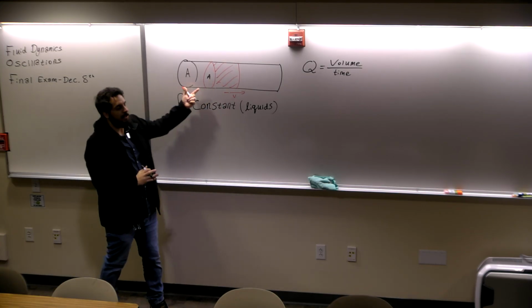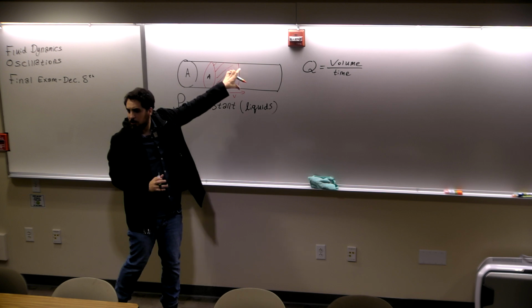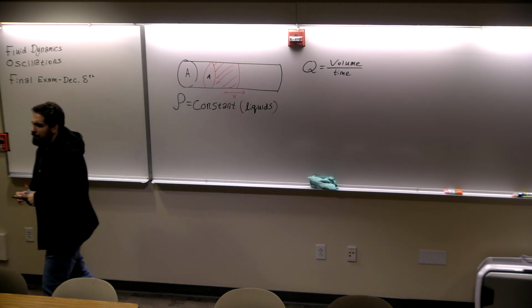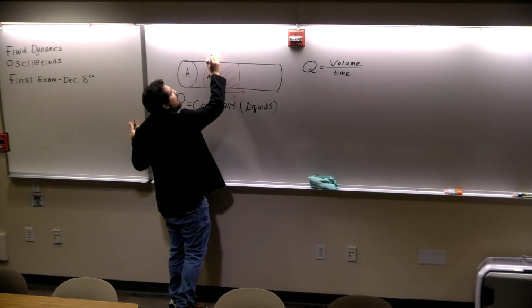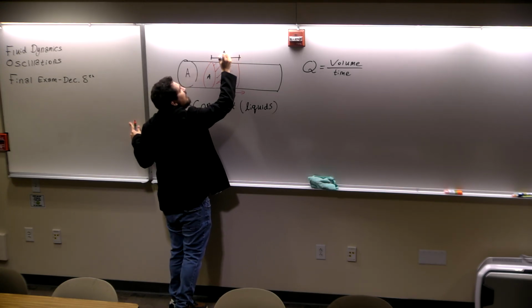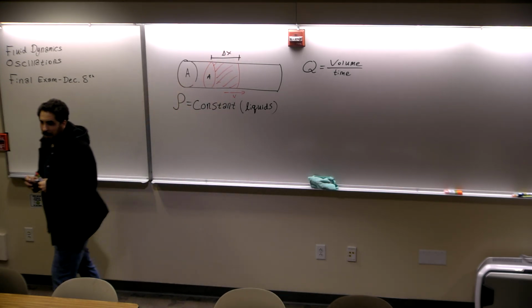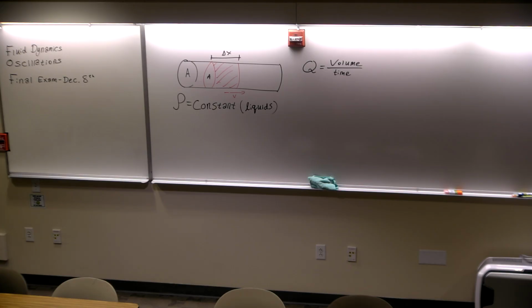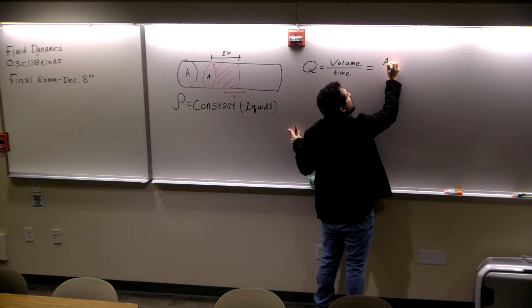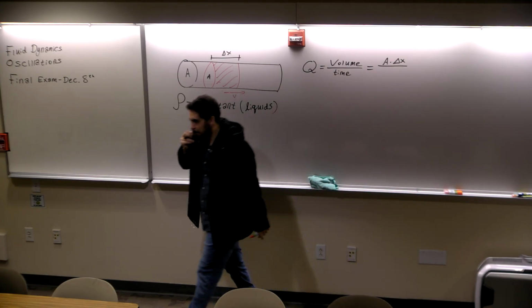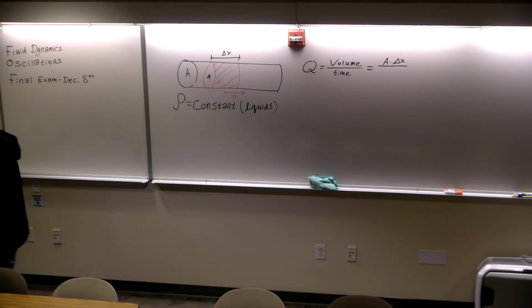Well, this pipe is cylindrical, meaning I can find the volume by taking that area and multiplying it by the distance we're looking at, some delta x. Sound good? At which point, we can rewrite this volume as area times delta x. This is just the volume of the cylinder.